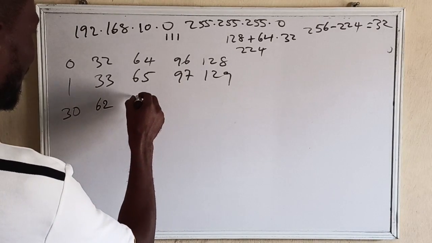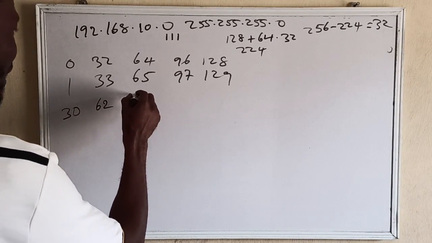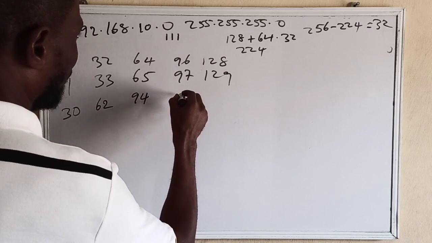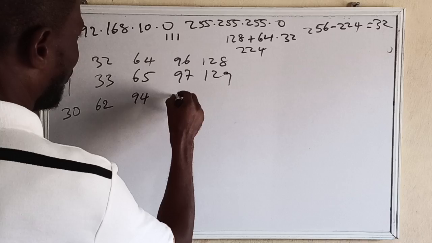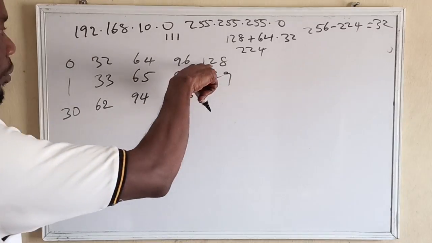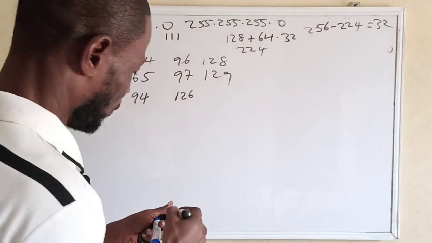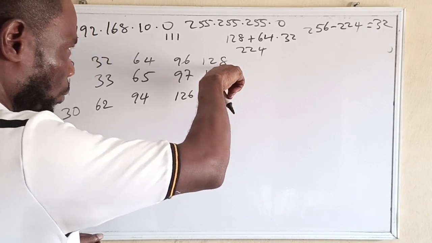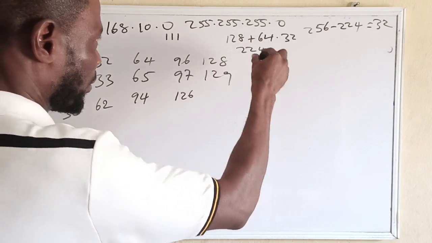From here you have 94. Here, 126. Remember, 128 plus 32 gives 160. Here, 130.